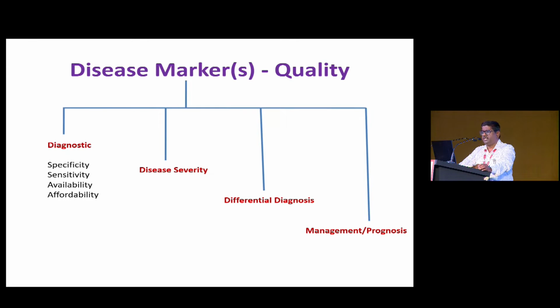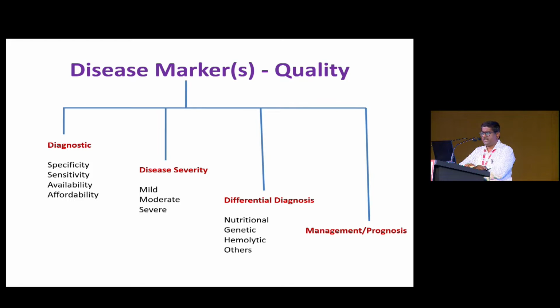Most importantly, availability and affordability: whether it can be available to the rural population, or whether we need a very good setup with experts to operate the instrument. So to get a diagnostic marker, these are the basic requirements, and whether it can tell us the disease severity, whether it is a mild, moderate or severe stage, is important.